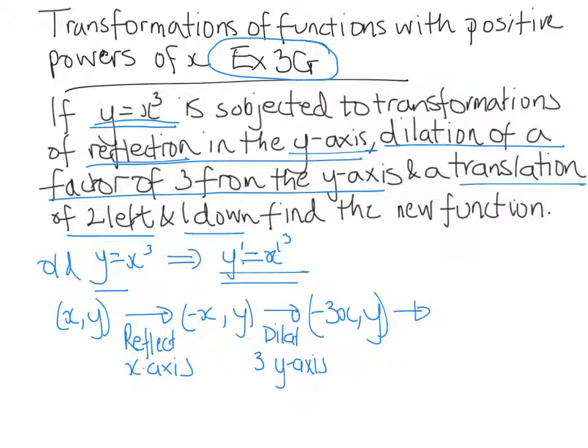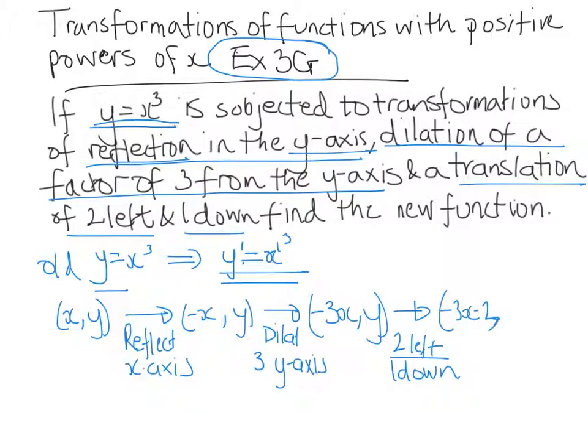Now I'm going to do 2 in 1 here. We've got to go 2 left and then 1 down. So for the 2 left, that would mean the x values are 2 less than they used to be before.